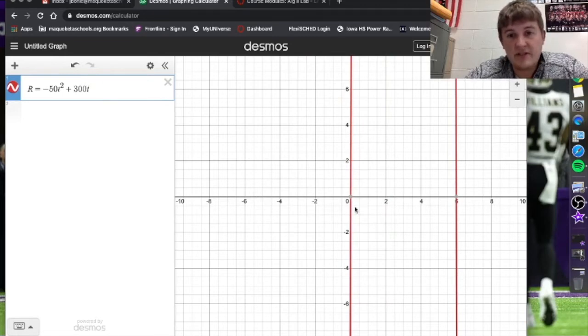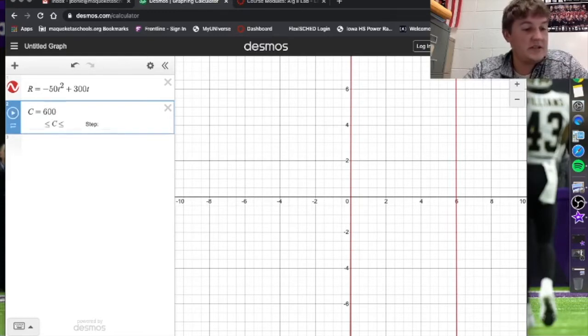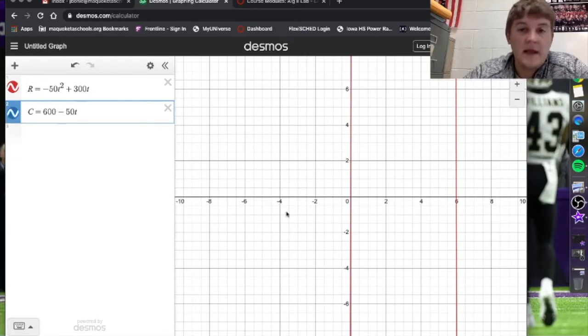As the ticket prices go up, revenue will continue to go up until you hit a threshold where it's too expensive and people don't want to go, and then it starts trickling back down. Then we have the cost, which is $600 minus $50 for each ticket we are able to sell. So this is going to be C equals 600 minus 50t. I just want to know where these two lines cross.